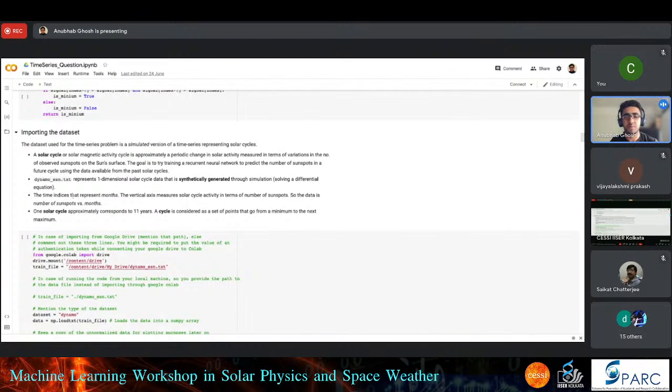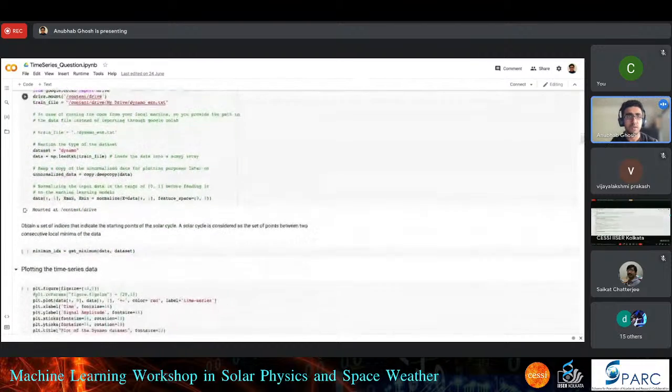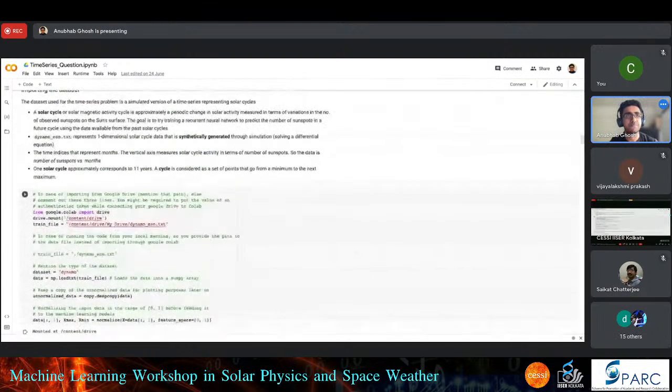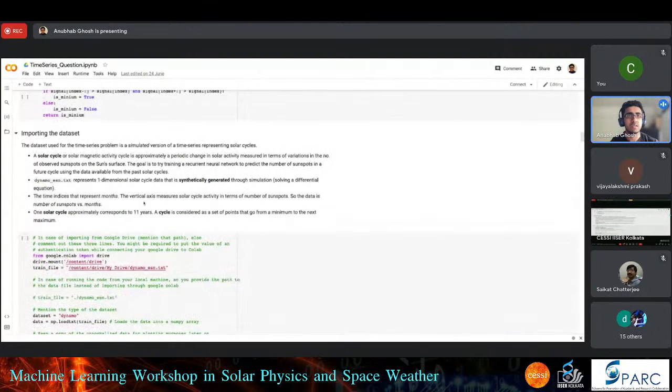The time index represents months, and the vertical axis measures solar activity in terms of the number of sunspots detected every month.